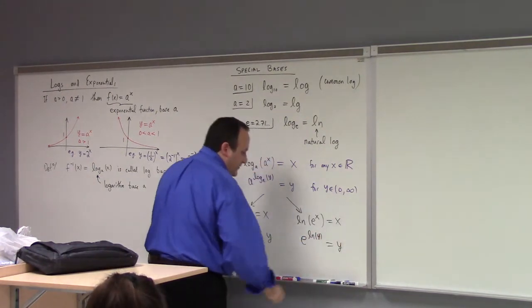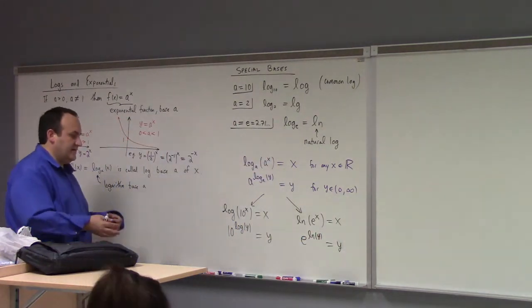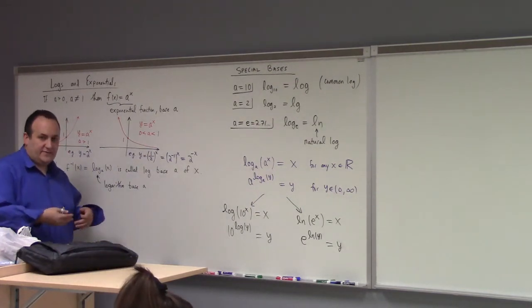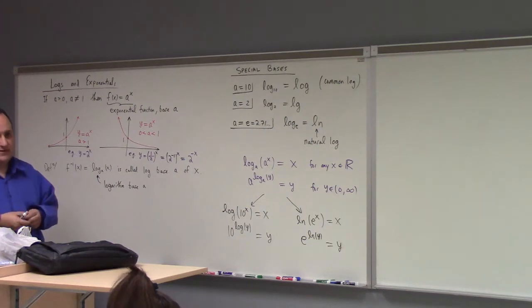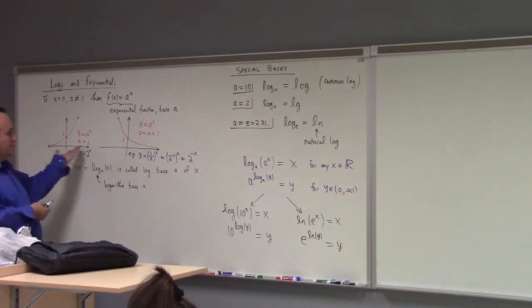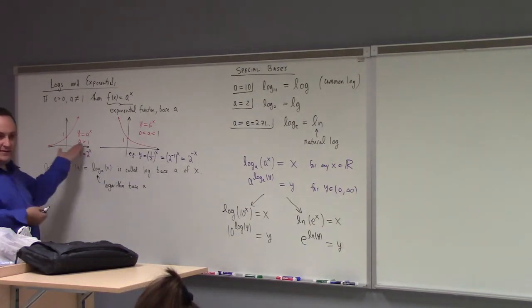I'm just using y here for a second to emphasize that what you input into the natural log, you have to be careful. You have to input a positive thing into a natural log, or into a logarithm more generally. Whereas the exponential, what's the domain of the exponential functions? Everything, right?